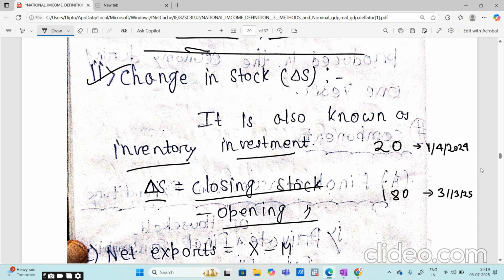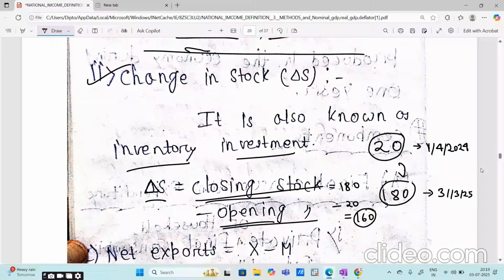There are total 180 products in my stock. So what is the change in stock? The change in stock is basically closing stock minus opening stock. Closing stock is 180, opening stock is 20, so 160 is my change in stock. As my stock started with 20 products but ended with 180, there is a total change in stock of 160.